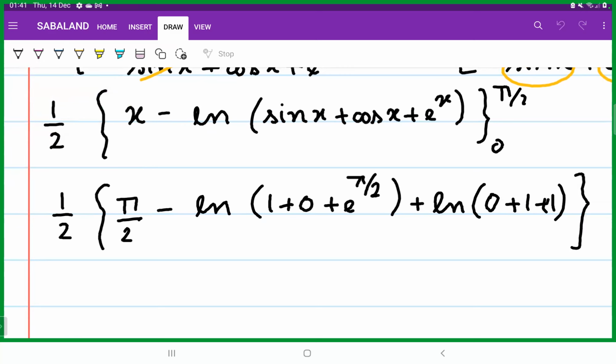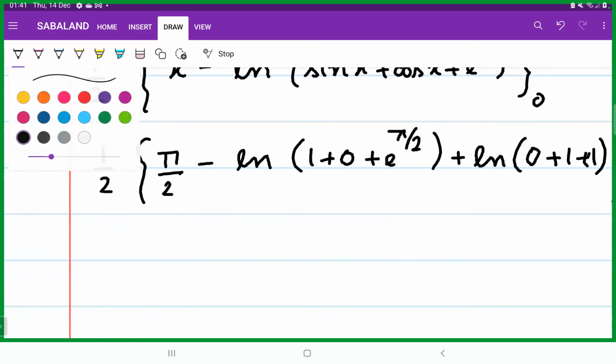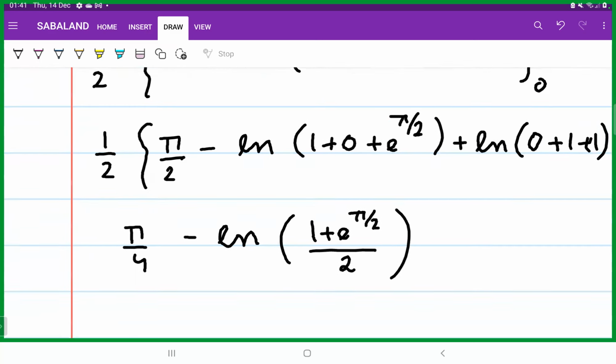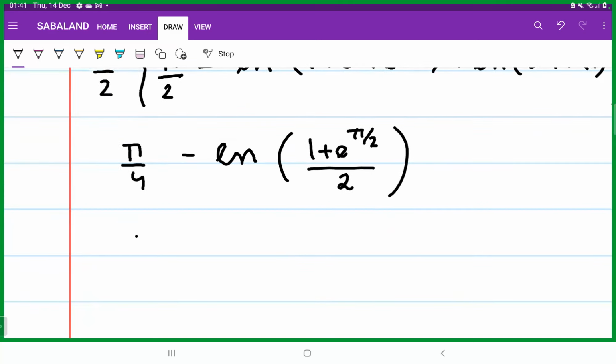So what we get here is pi by 4 minus ln of 1 plus e to the power pi by 2 divided by 2, which becomes pi by 4 plus natural log of 2 by 1 plus e to the power pi by 2.